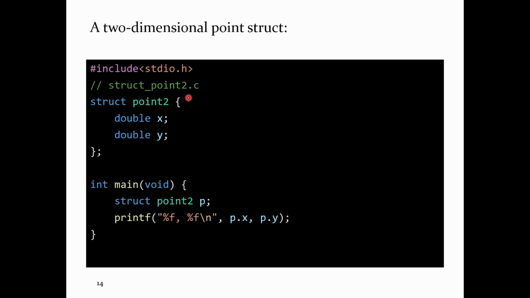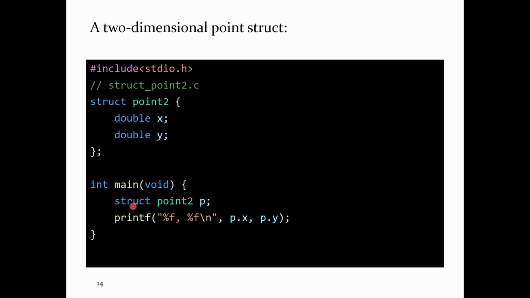Here's an example of a two-dimensional point implemented as a structure. A two-dimensional point just has an x and a y coordinate. So I can declare a structure with the tag name point2. Inside that structure, there are two variables x and y, and they have type double. I can make a variable called p whose type is struct point2.